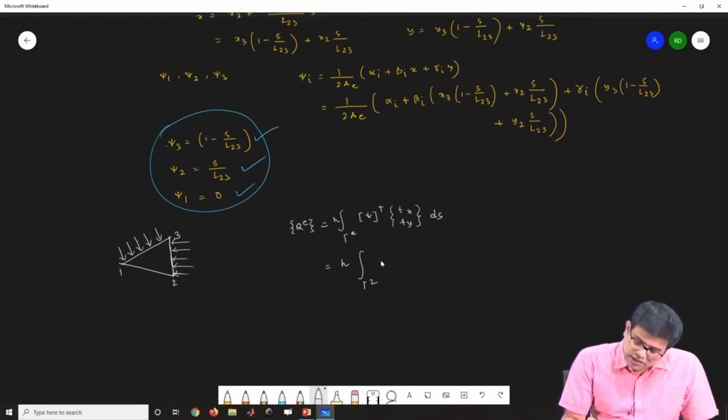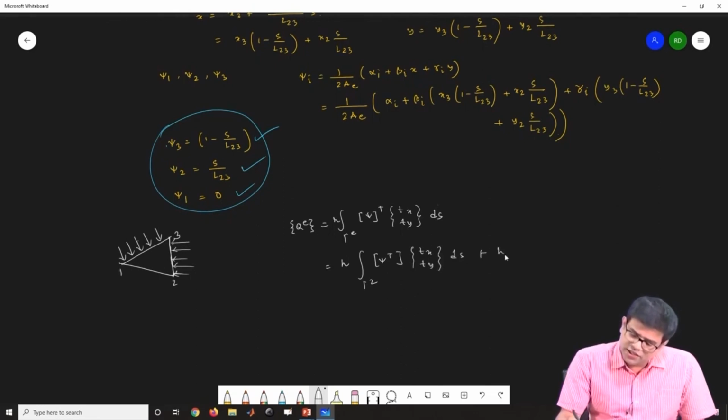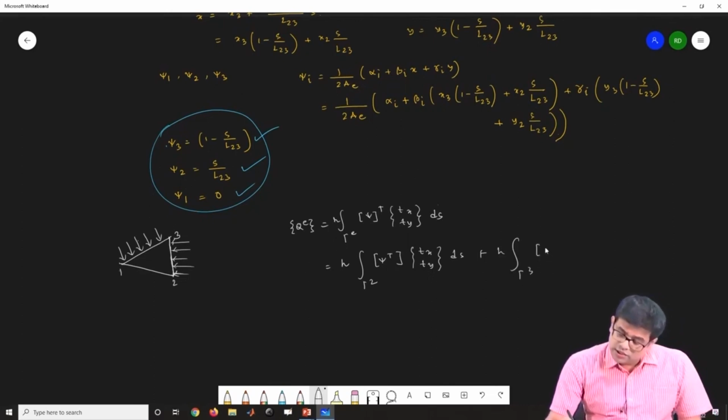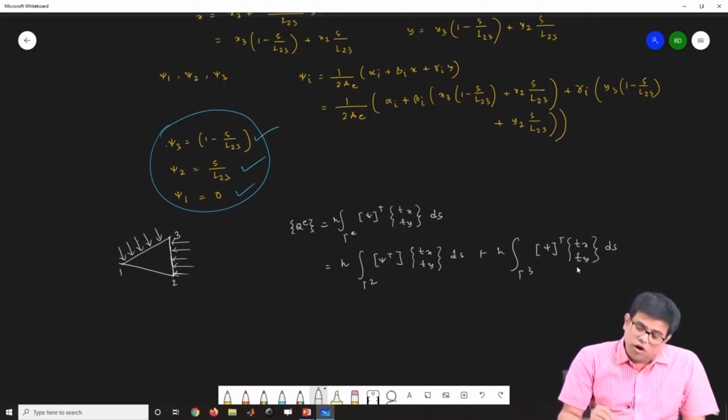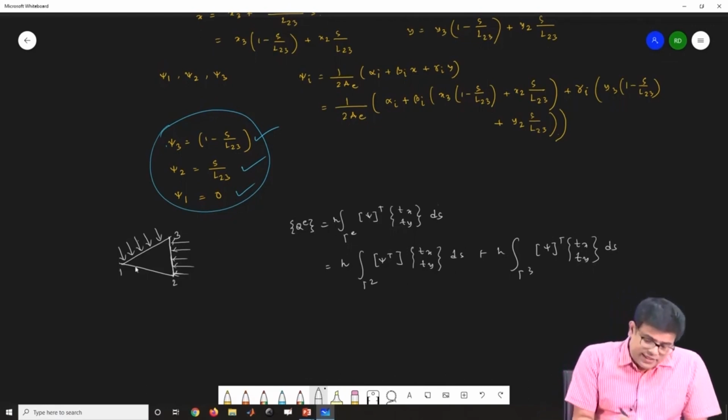So H into psi transpose Tx Ty into ds, plus H into gamma 3 psi transpose Tx Ty. These two you have to find out only.